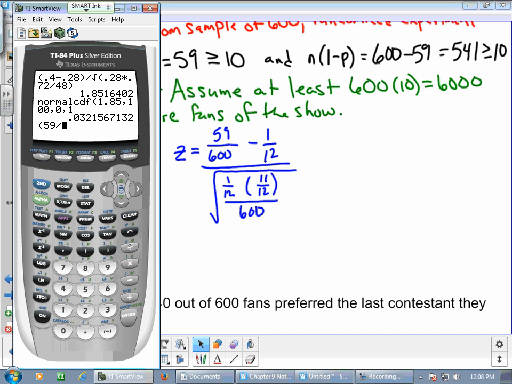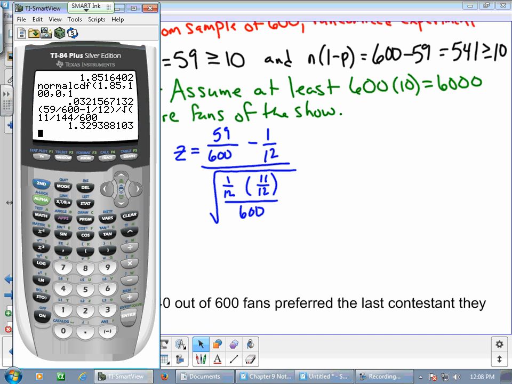So 59 divided by 600 minus 1 divided by 12, divided by the square root of 1/12 times 11/12. Oh, let's make this a little bit simpler here. How about if we just go 11 divided by 144, and then we're going to divide all of that by 600. Z is about 1.33.